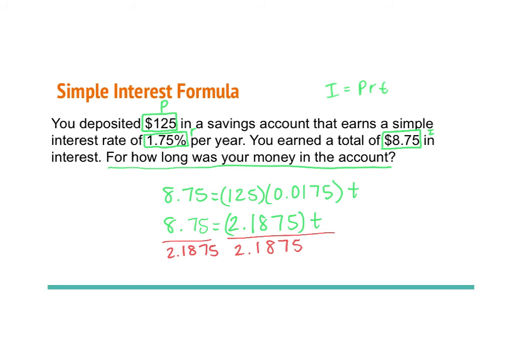These will cancel. We're going to be left with T equals 8.75 divided by 2.1875. That's 4 years.